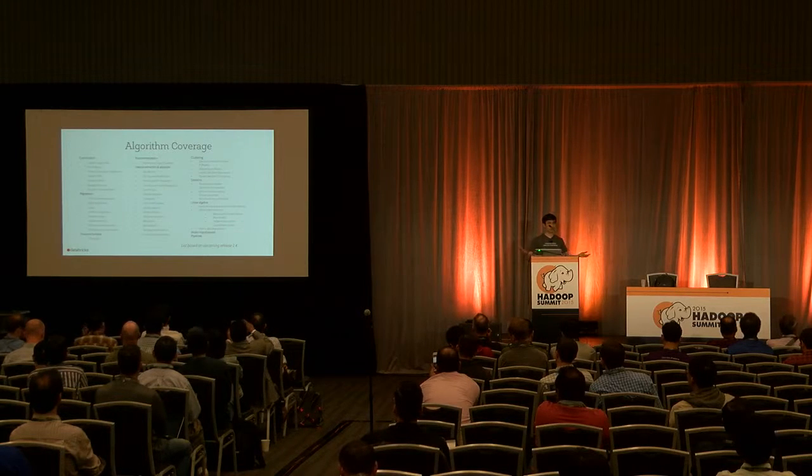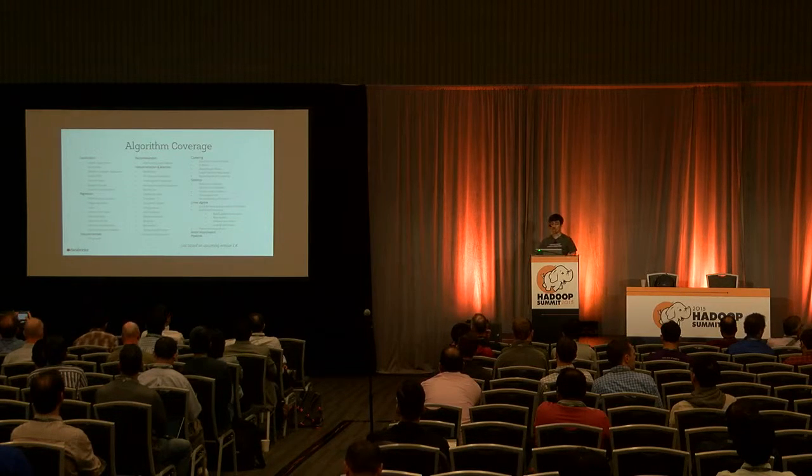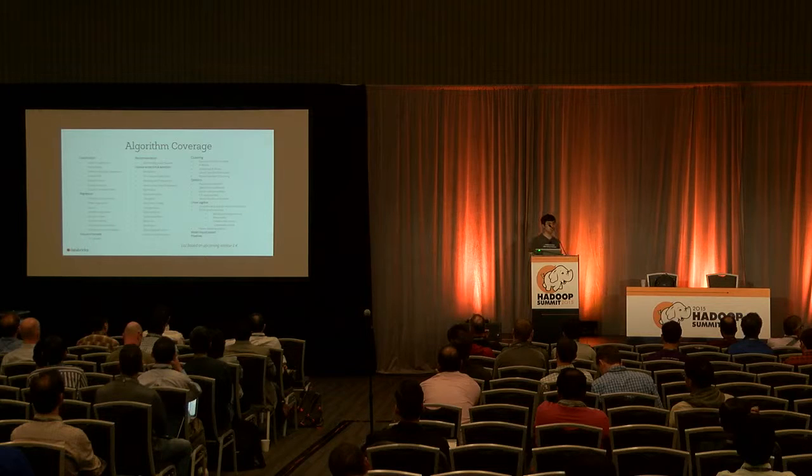And I won't have time to go through them, but you get the idea. Have classic ones: classification, regression, clustering, recommendation, feature extraction, and also some lower level or less common ones, such as statistics, linear algebra operations, frequent item sets, model import and export, and now pipelines.